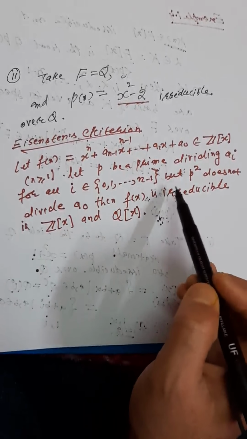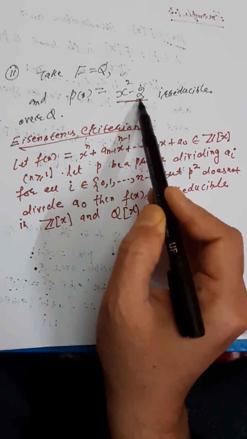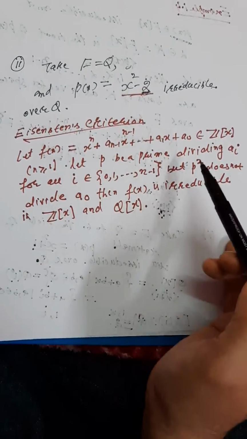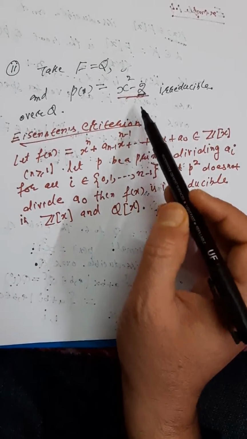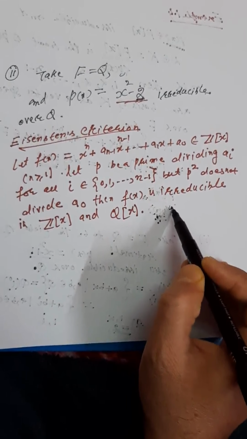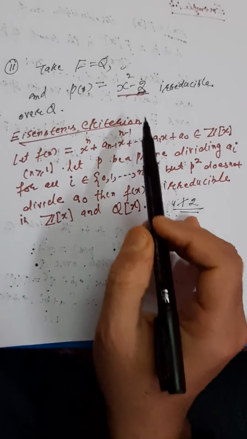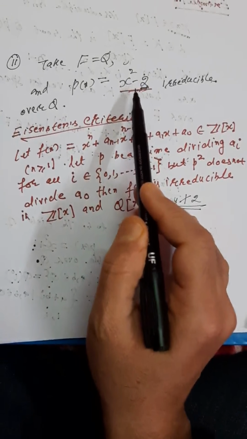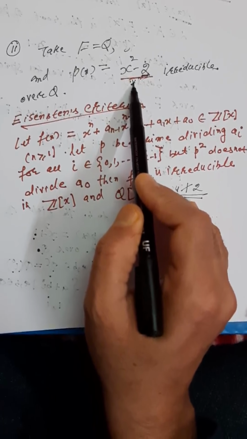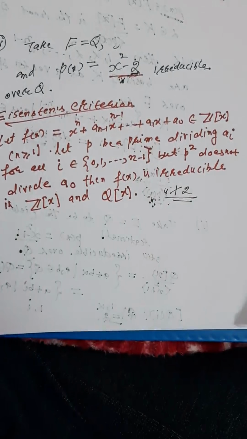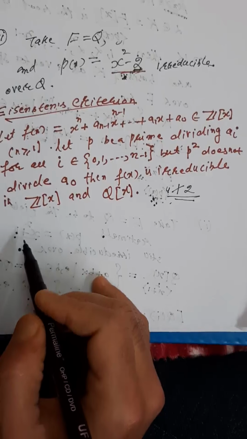So I can pick that prime as 2, and obviously 2 square is 4, and 4 does not divide 2. So Eisenstein's criterion applies to this polynomial. By Eisenstein's criterion, this polynomial is irreducible over Q. Once it is irreducible, I can have the extension field of Q containing the root of this polynomial.